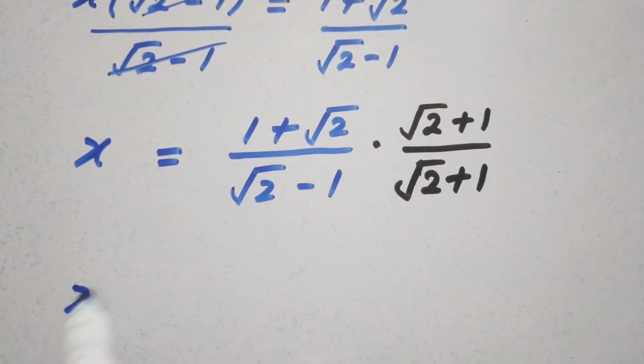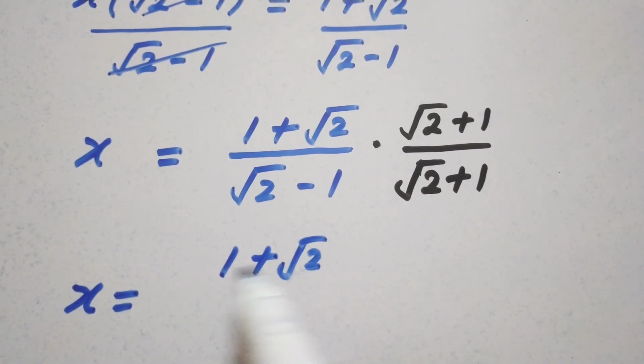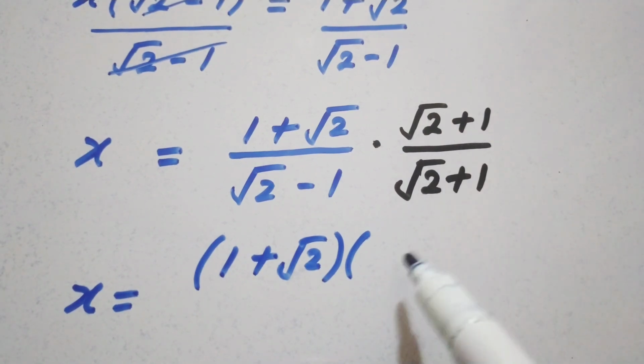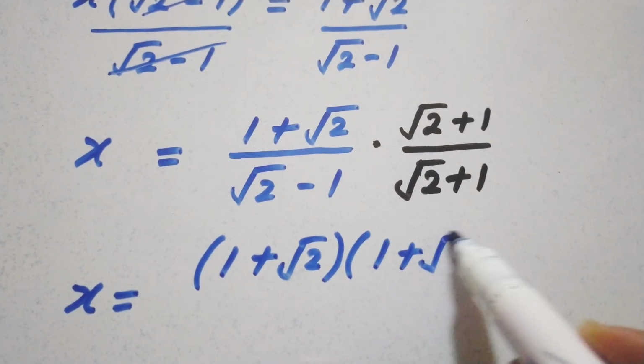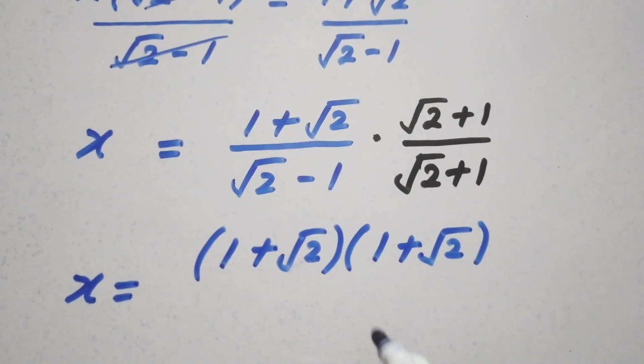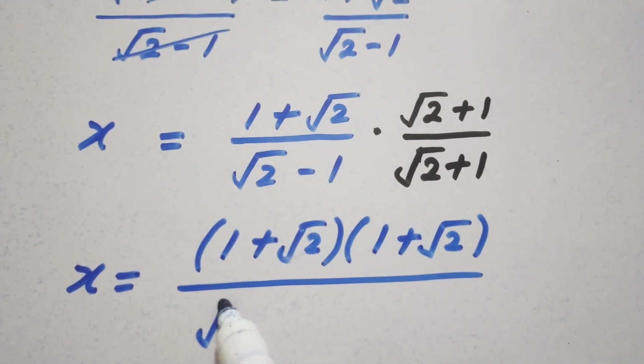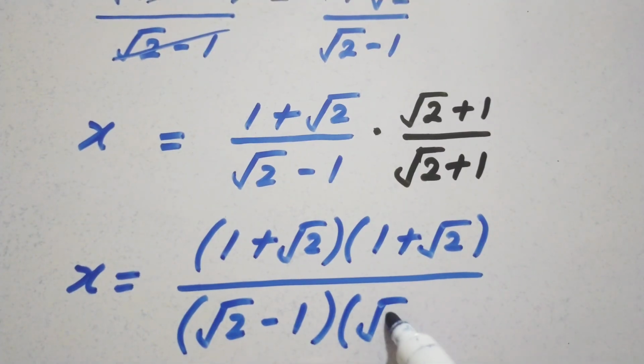Now we get x is equal to 1 plus square root 2, multiplied with square root 2 plus 1. We can write this as 1 plus square root 2 because it is commutative, divided by (square root 2 minus 1) into (square root 2 plus 1).